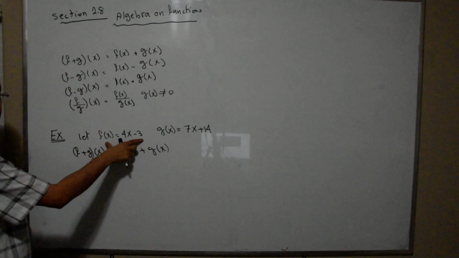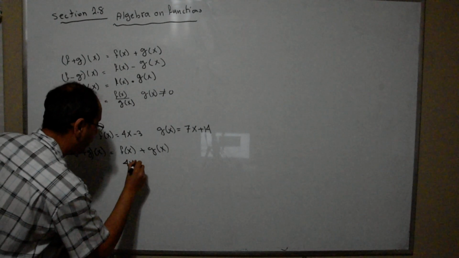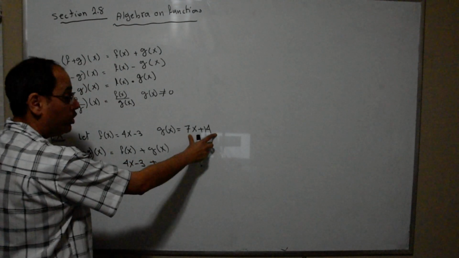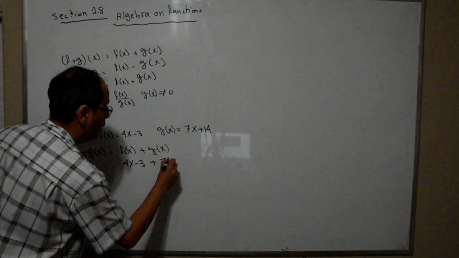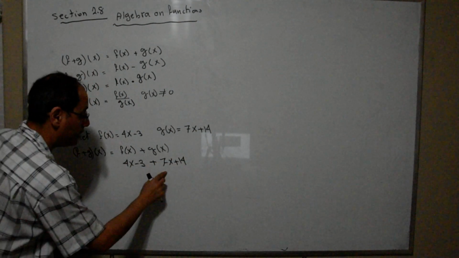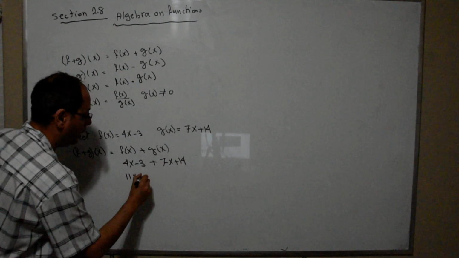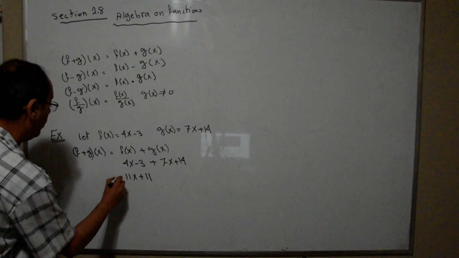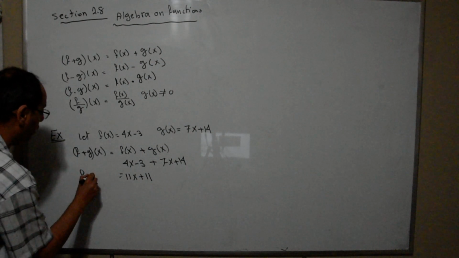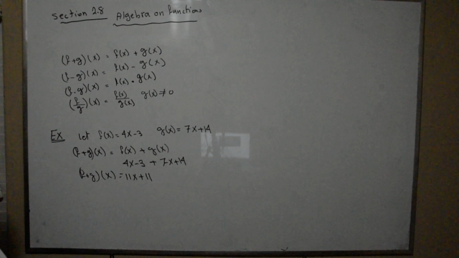And what is f of x? It's 4x minus 3 plus g of x, 7x plus 14. Combine the like terms, 4x and 7x is 11x, minus 3 plus 14 is plus 11. Therefore, f plus g of x is 11x plus 11.